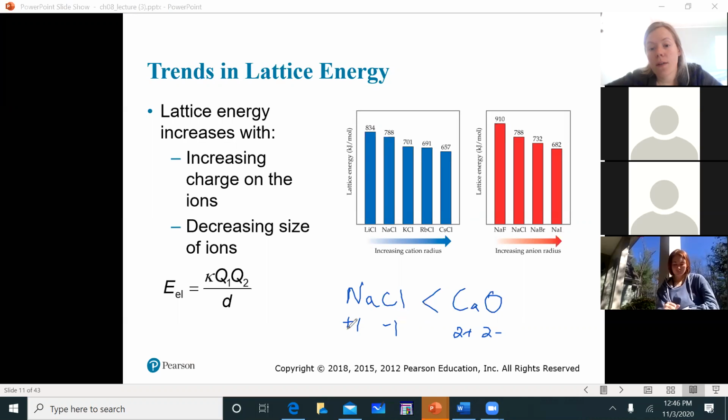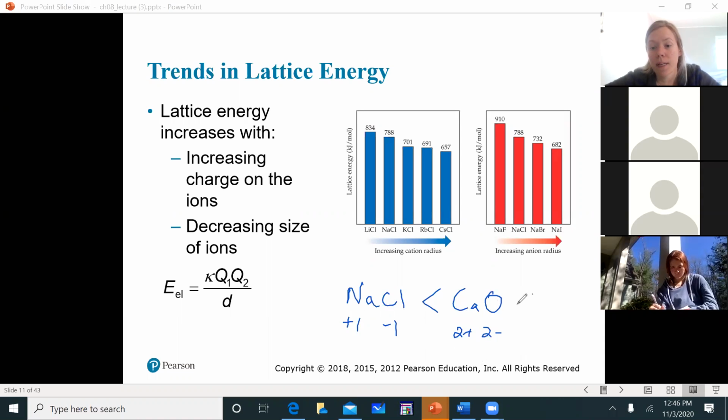You can think of these as the strength of the magnet. This is a lower strength in its magnetic attraction versus the 2+ and the 2-. A stronger magnetic attraction is going to create a stronger sticking quality to the ionic bond, which is going to make it harder to break apart, or will increase the lattice energy.